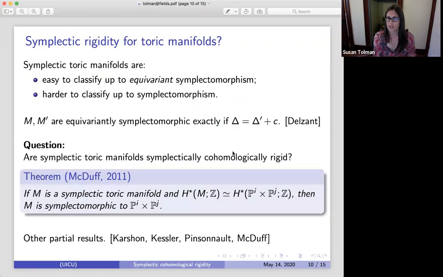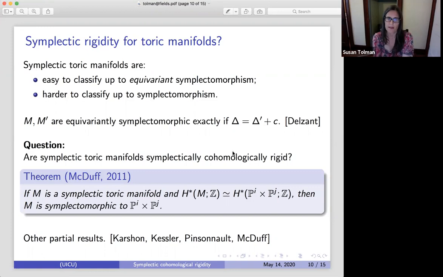So just like we said before, symplectic toric manifolds are easy to classify up to equivariant symplectomorphism. That's the natural and easy thing to do, but they're much harder to classify up to symplectomorphism.